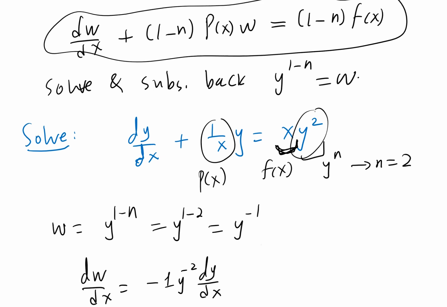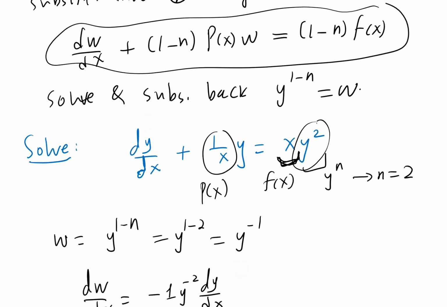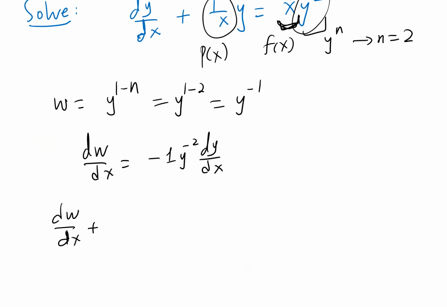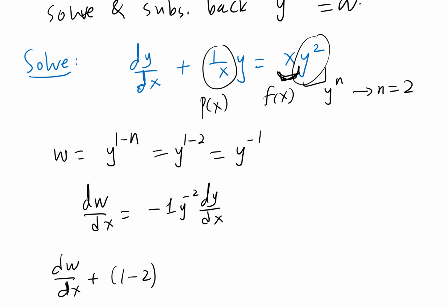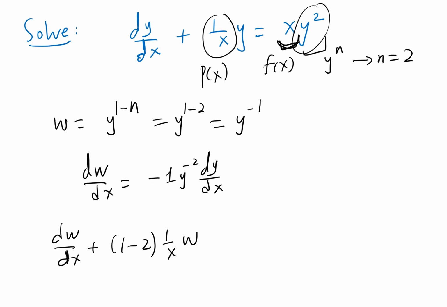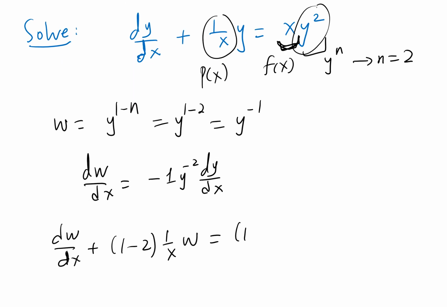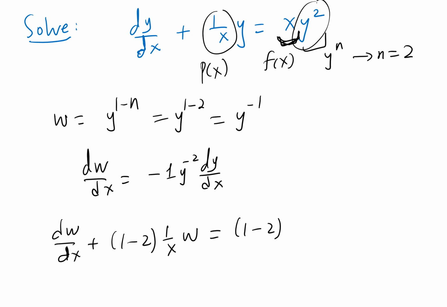So you write dw/dx plus 1 minus n, so 1 minus 2, p of x. p of x was 1 over x. w equals 1 minus n f of x. f of x was x.